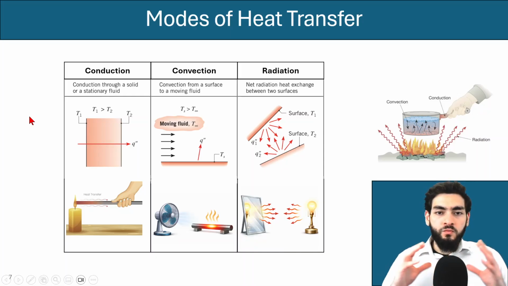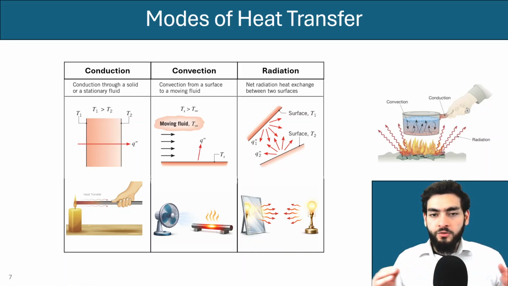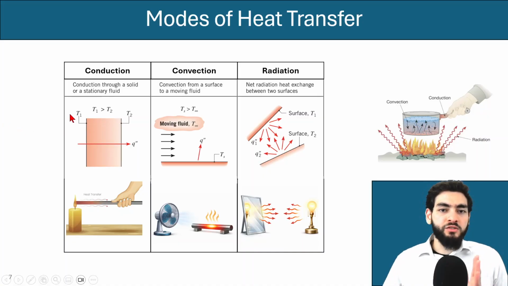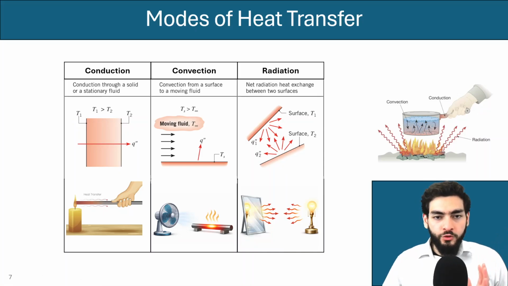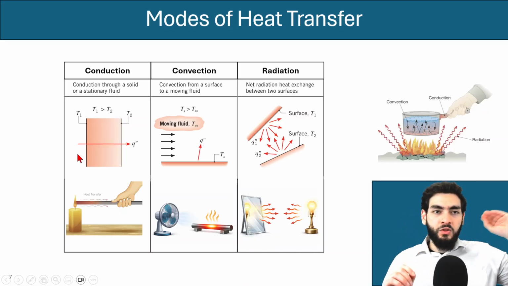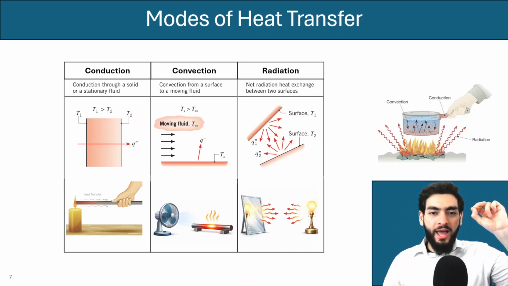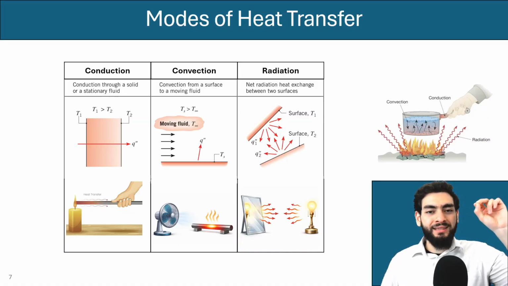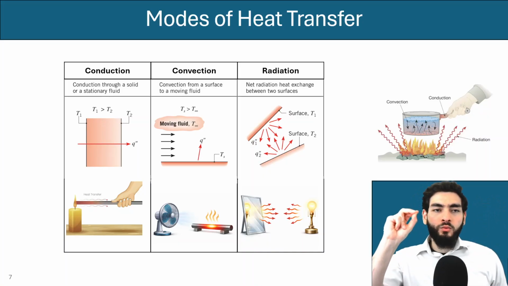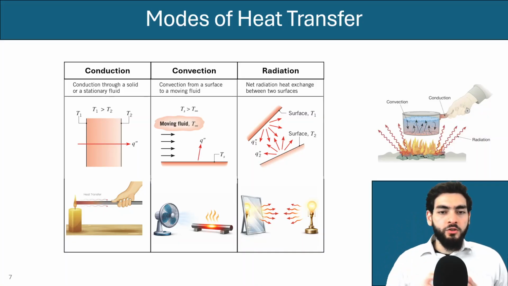Now, a summary of the modes of heat transfer that I just talked about. You have conduction, which is heat transfer through a solid or a stationary fluid. As you can see in the picture, you have a wall with one end at temperature, let's say T1, and T1 is higher than the other end of the wall, which is at temperature T2.